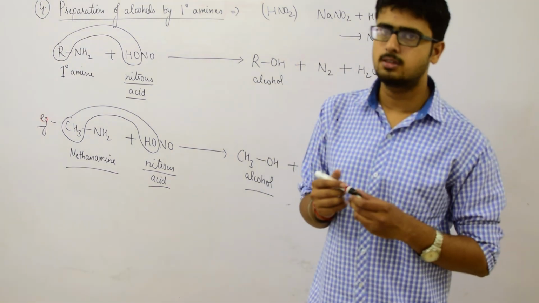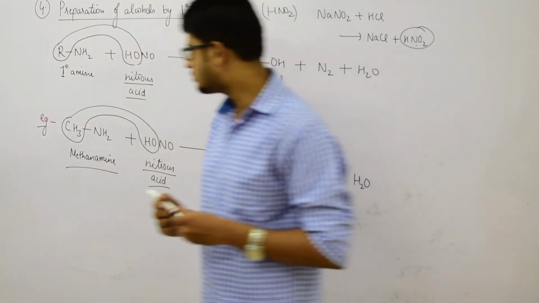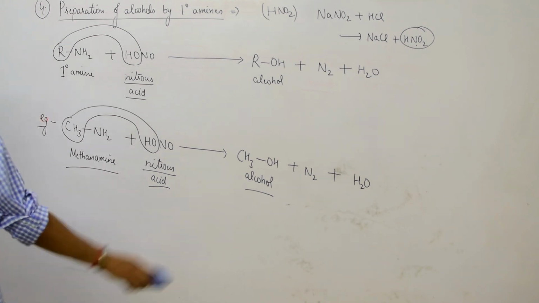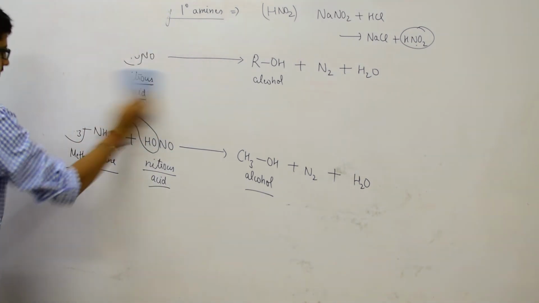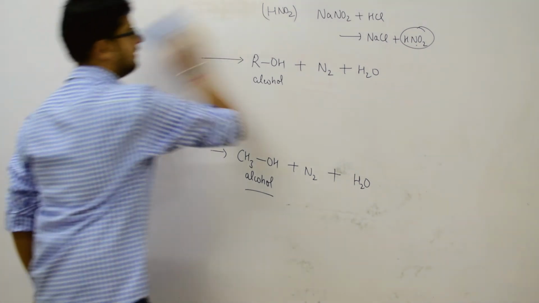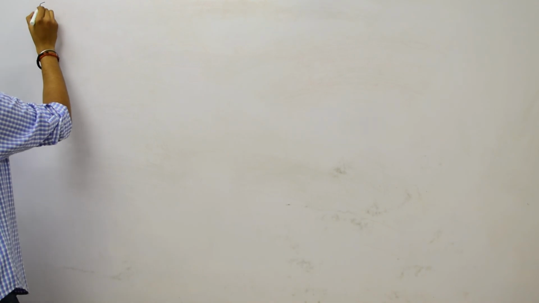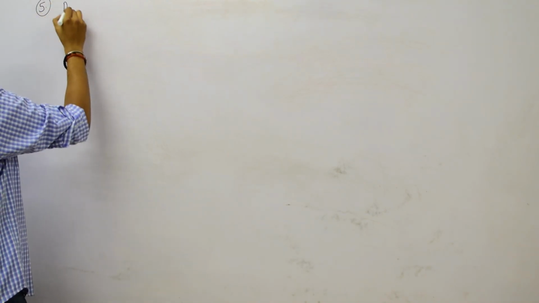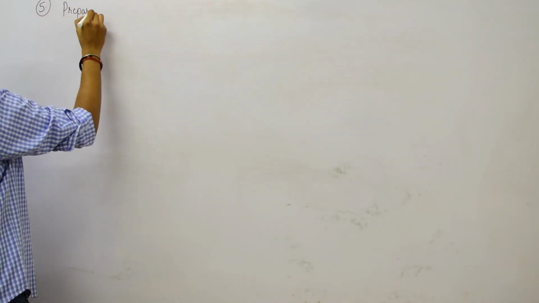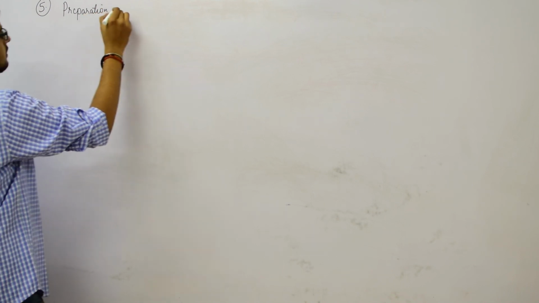So that is the fifth general method of preparation. We are going to move forward to our next topic. So the fifth method is preparation of alcohol.